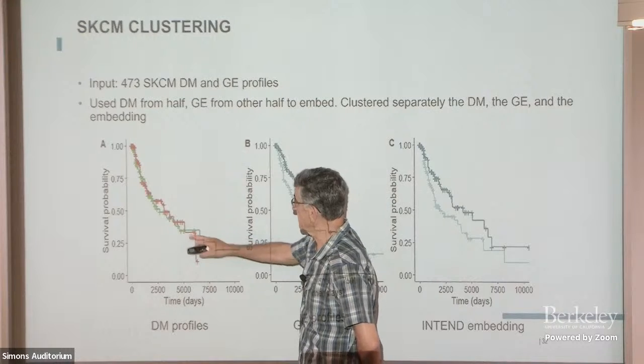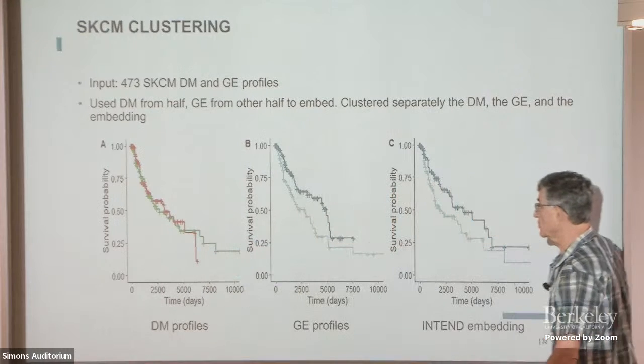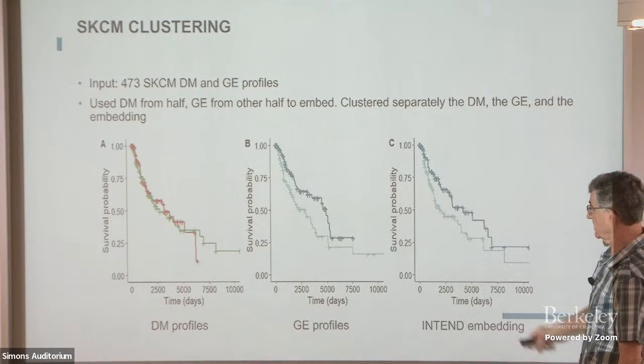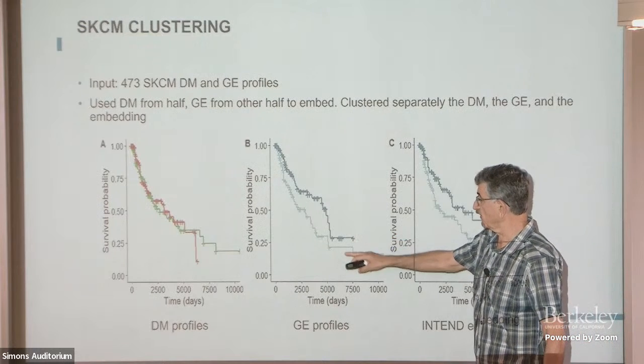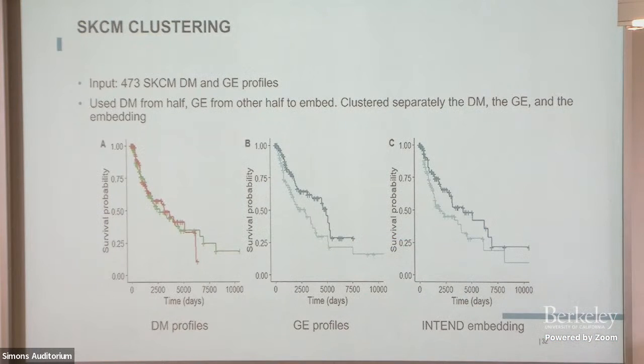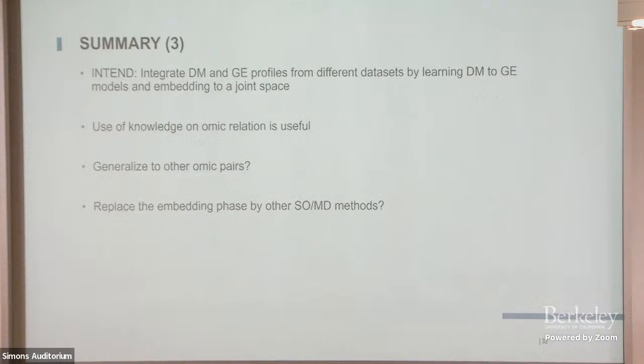So the DNA methylation by itself does not do a good job in separating. The gene expression profiles are doing much better in terms of separation. And when we take the embedded DNA methylation profile, they are doing equally well as the original gene expression profile, even though, as I said, these are 2 disjoint sets of samples.